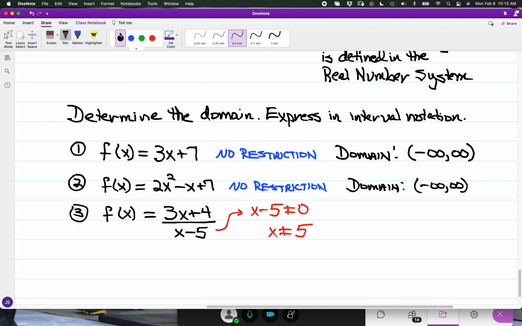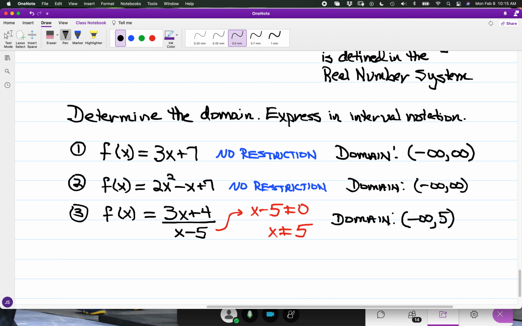As a consequence, the domain is no longer going to be the set of all real numbers. It'll be those values of x with the exception of 5. So in terms of splitting up, at the one end you'll have going from negative infinity up to, say, 4.999, but not including 5, so you have 5 in the parentheses.